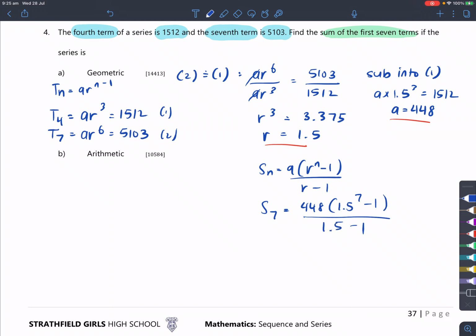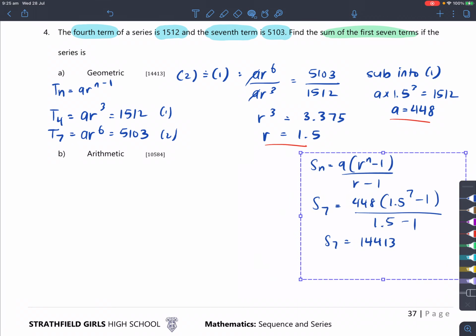Again, if I do that on the calculator, let me see what I get. I get 14413. There we go.